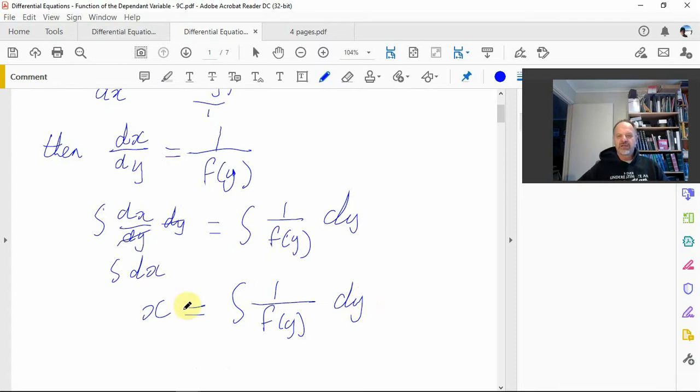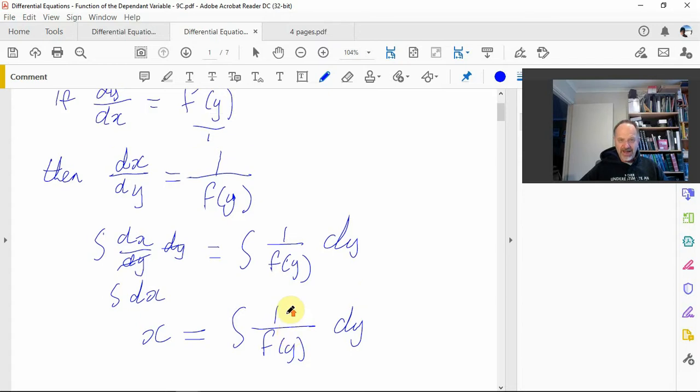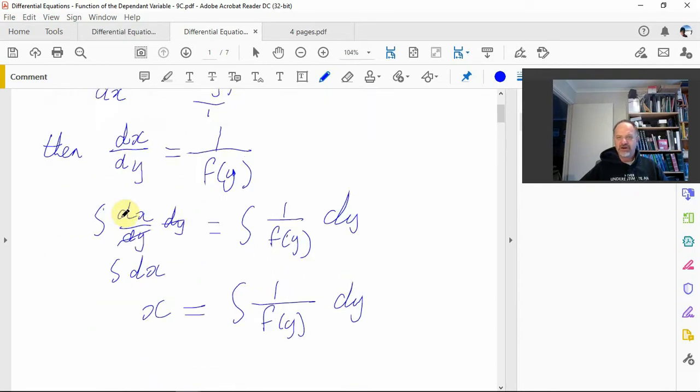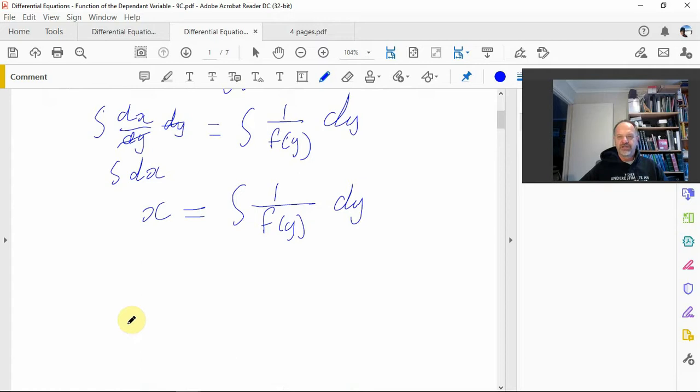Then we do our antiderivative, and after that, because we want our final answer to be y equals, as y is our dependent variable, the dependent variable has got to be the one that's equals. So we then rearrange, and we'll do a couple of examples where I'll show you how we go about that.